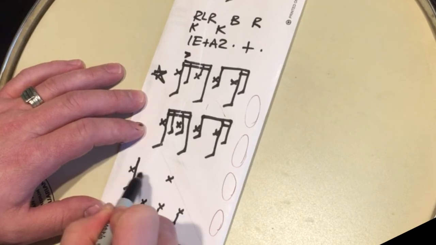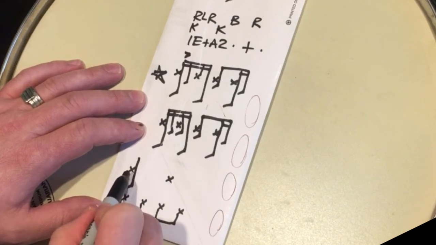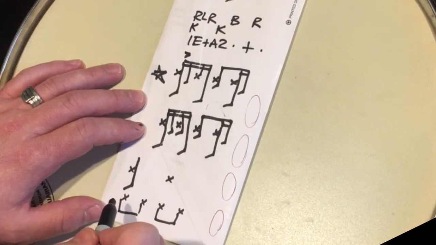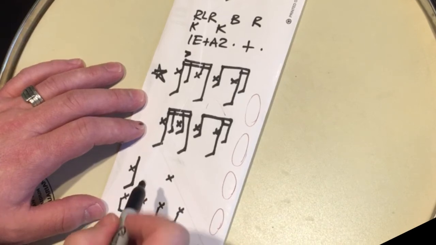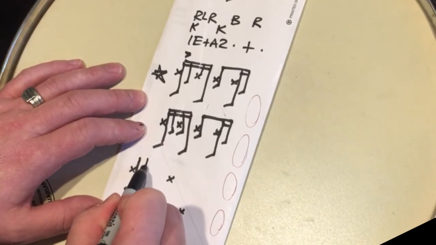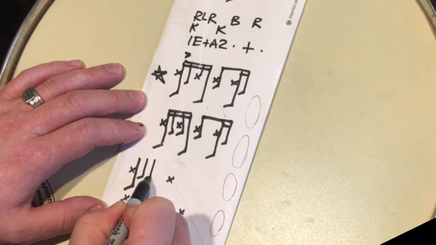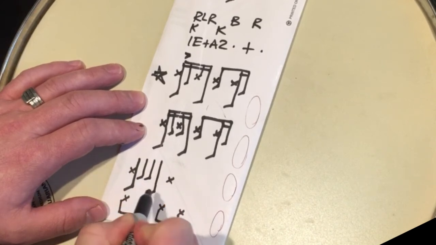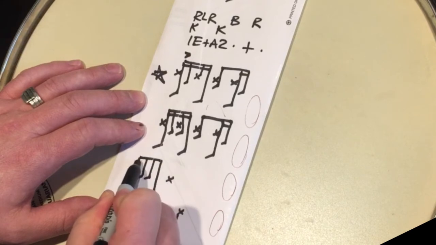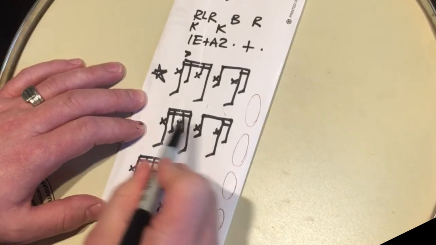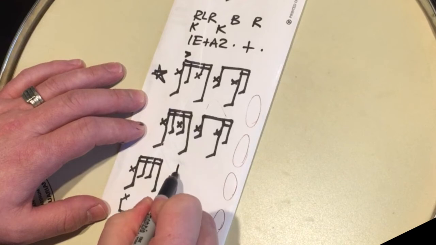The right hand plays half as many. So it's just playing 1, 2, 3, 4, usually on the bell of the ride cymbal. The left hand and bass drum play exactly the same thing that it was playing in the $750,000 beat.